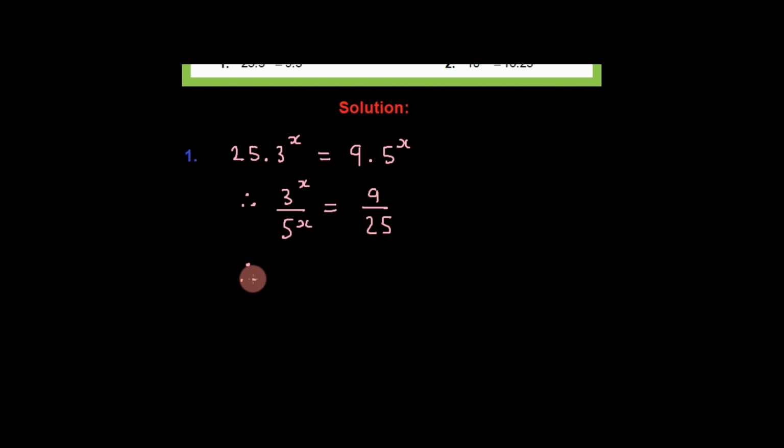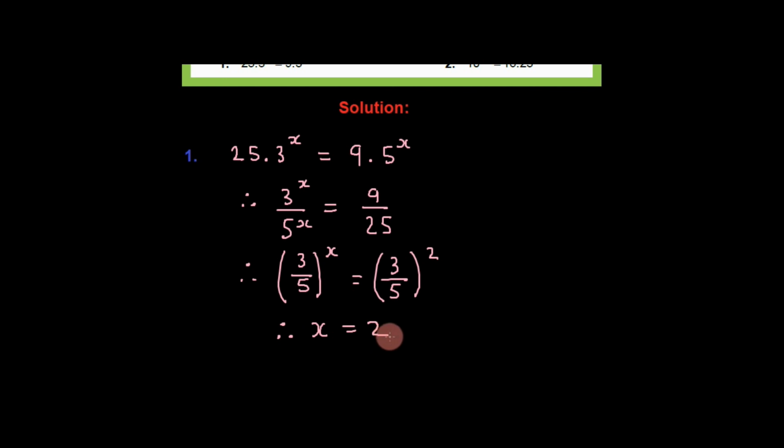Then the left-hand side we can write as 3 over 5 all to the x. And we can use prime factors on the right-hand side. It's going to be 3 over 5 all squared. The bases are the same, so the powers must be the same, and hence x equals 2.